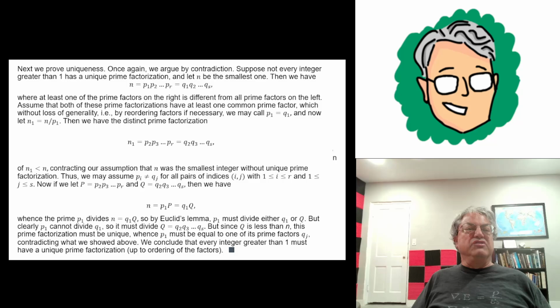But we have to be a little more specific about what we mean by unique: up to ordering, and also up to associates. Remember, you can always replace primes by their associates. So you have to be a little bit careful when you talk about unique factorizations in other unique factorization domains besides the integers.